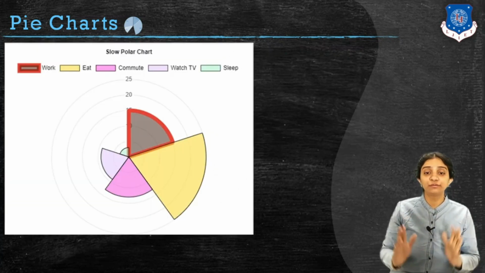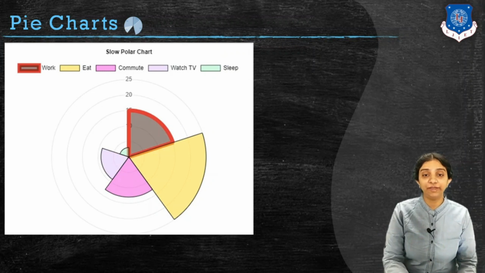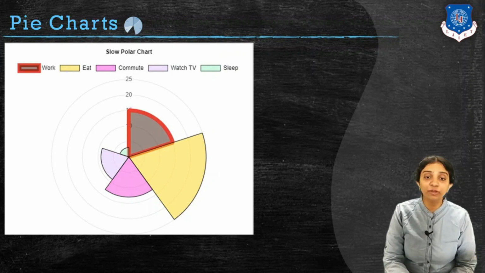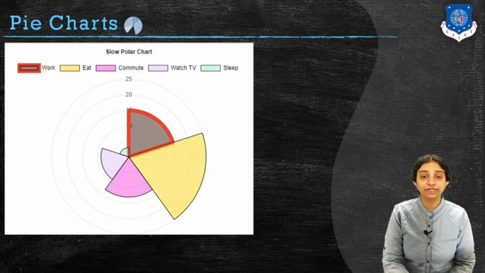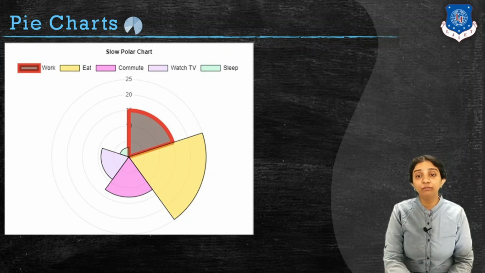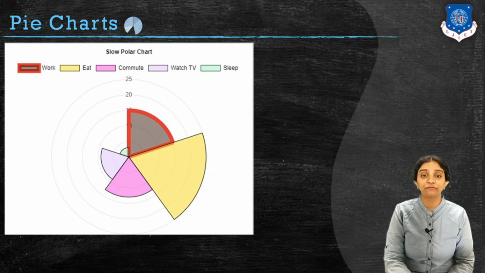Let us deduce what information is being conveyed from this particular chart. So this is the polar chart of a typical day. The gray area with a red outline is the people who work, yellow are the people who eat, pink are the people who commute, and grey people watch TV while blue people sleep while they are free.